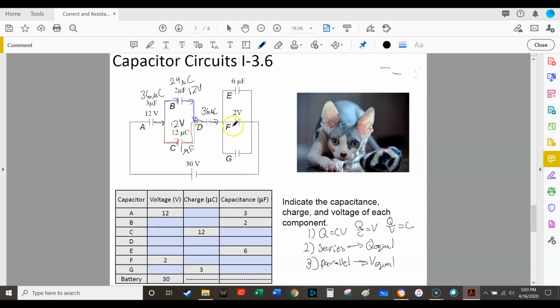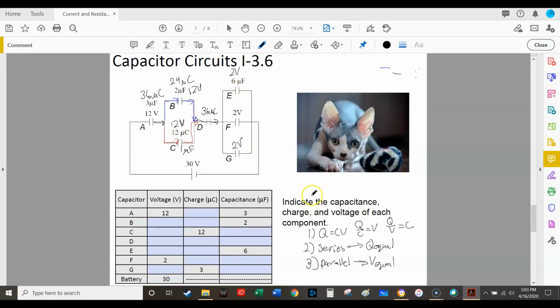So E, F, and G are all in parallel with each other, right? And if they're in parallel with each other, I'm going to start looking for a voltage. Well, I see a voltage right here. So that means this has to be 2 volts, and this has to be 2 volts. They're all equal in voltage, right?